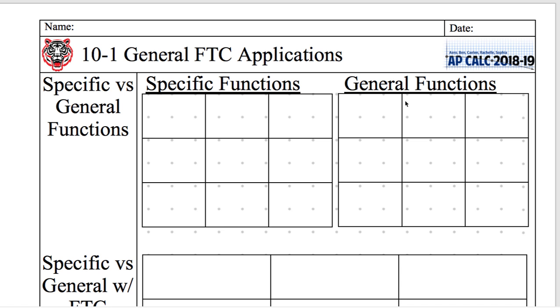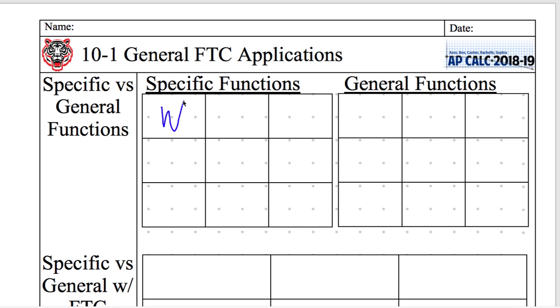Okay, so specific versus general functions. And this is going to be some letter. So I'm just going to choose, let's do W. If I have a function W and I take its derivative with respect to t, with respect to time, the derivative would be what?